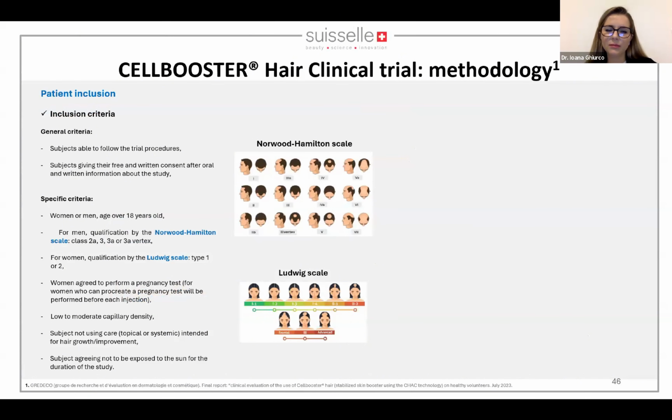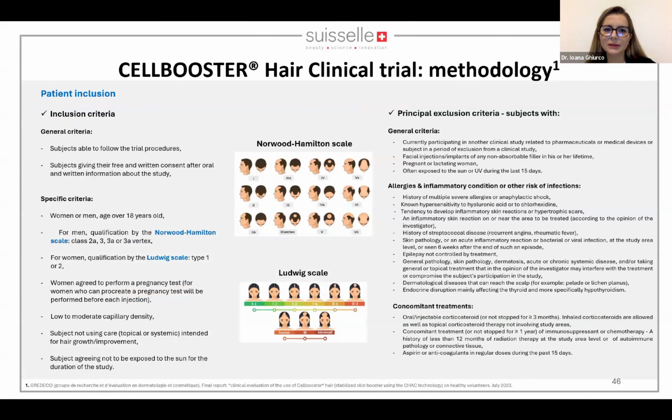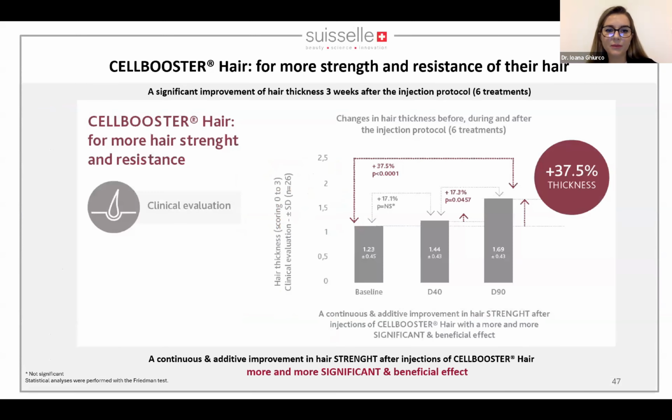Next, here you can see only the inclusion criteria. The patients that were included signed the informed consent to participate in the study. All patients were adults and didn't meet any exclusion criteria. Next slide, please. What this study observed was, on the one hand, a clinical evaluation of all the subjects, and on the other hand, a biometrical evaluation.